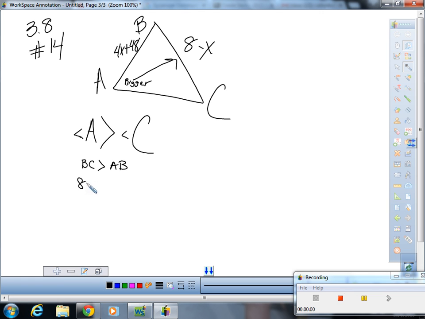It's asking for the restrictions on x. So I can say 8 minus x is bigger than 4x plus 48. Okay? Let's see. Add x to both sides, and you get 5x plus 48 on that side, and you are left with an 8 on that side.